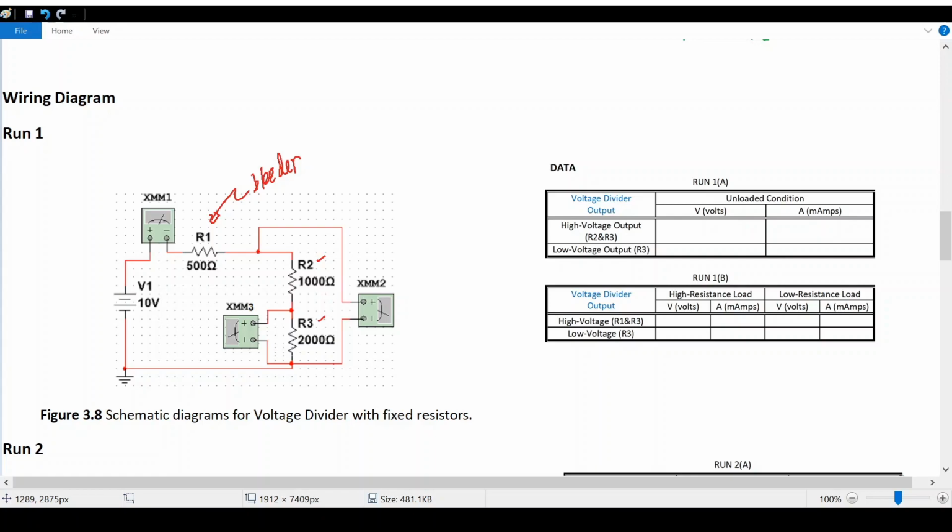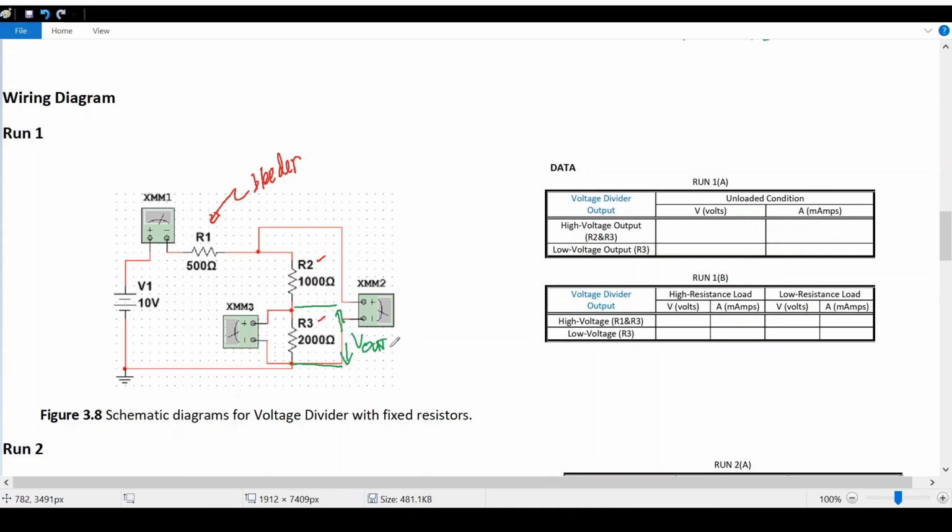There are 2 resistors connected for an output. We have here an output 1. The output 1 is for low.